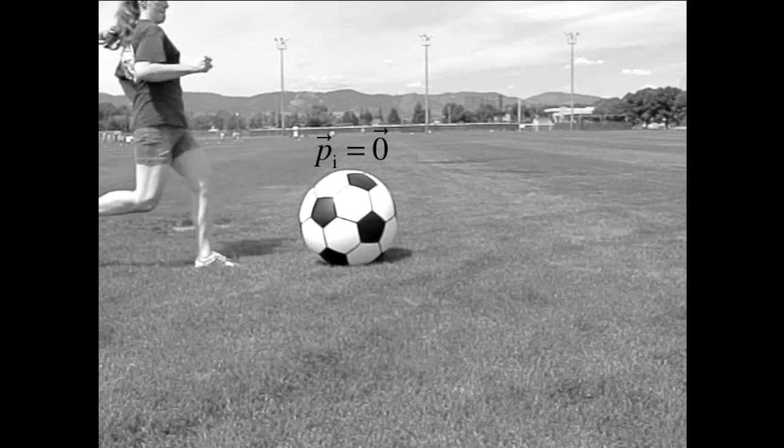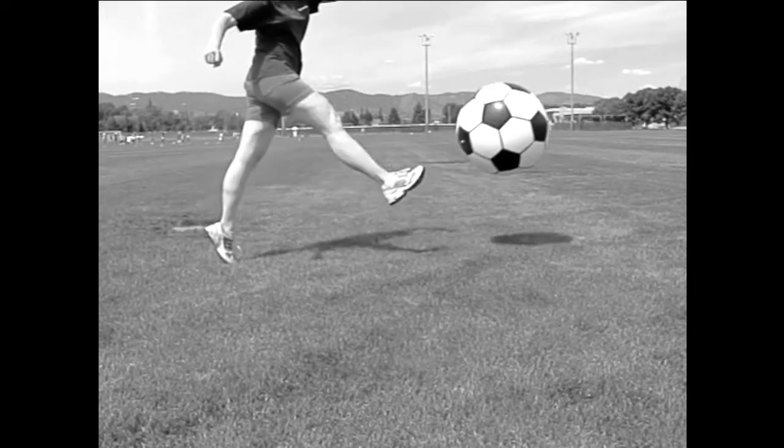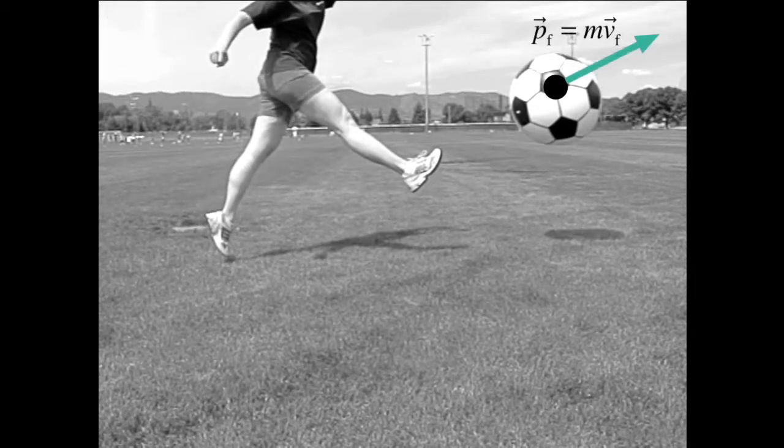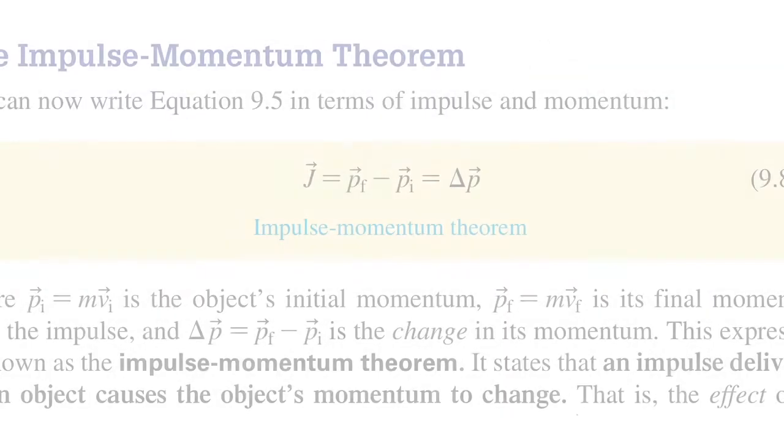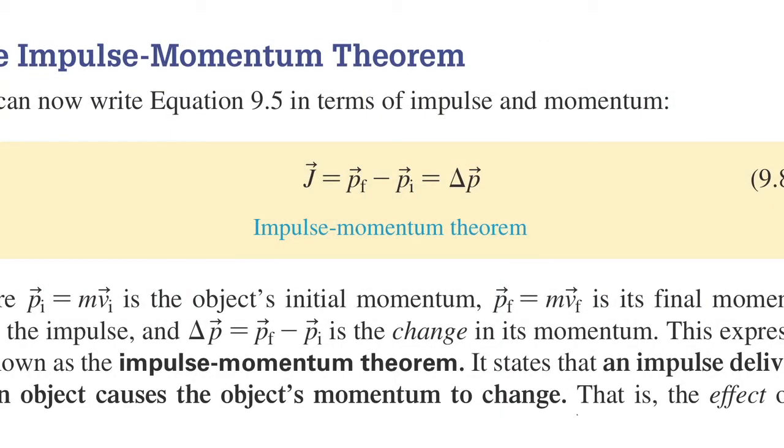But later, the ball was moving very quickly, and so its momentum, the product of its mass times its velocity, was quite large. And it turns out, and this is the central piece of the chapter, the product of the mass times the change in velocity, and that's the change in momentum, is just equal to the impulse, which is the area under the force versus time curve.